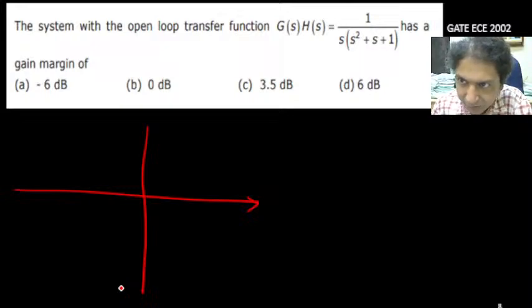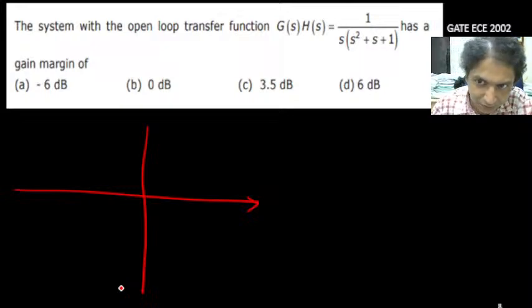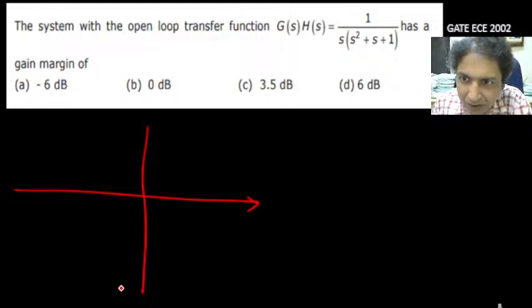Obviously, you are asking for probably gain margin and phase margin, right? So the -1 j0 point is the most crucial point. If the contour is enclosing the -1 j0 point, then the system is becoming unstable, if the open loop system was stable, right?